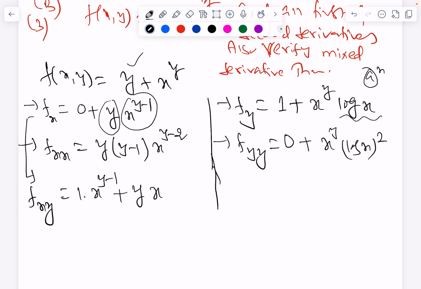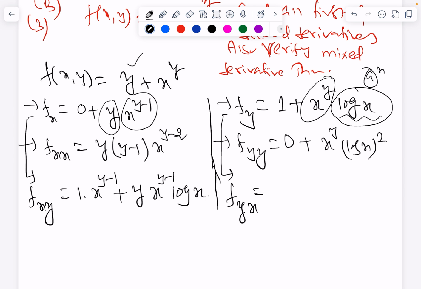So that is x power y minus 1 into log x. Now here we take the derivative with respect to x. And so f_yx. Now here also x is here as well as here. So derivative with respect to x: x variable and y constant.